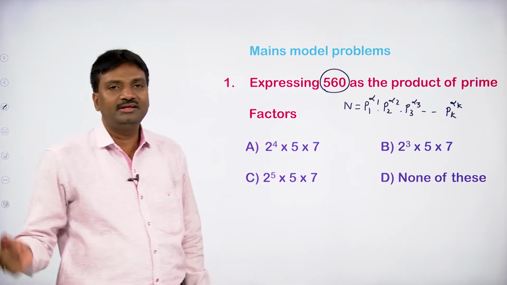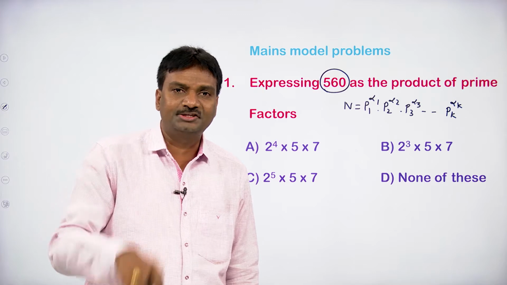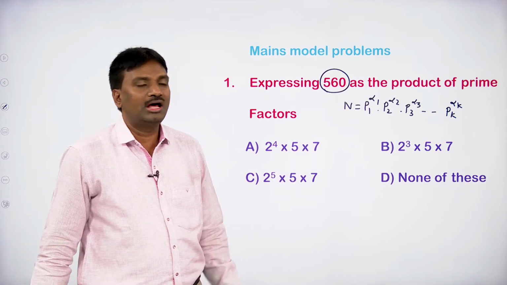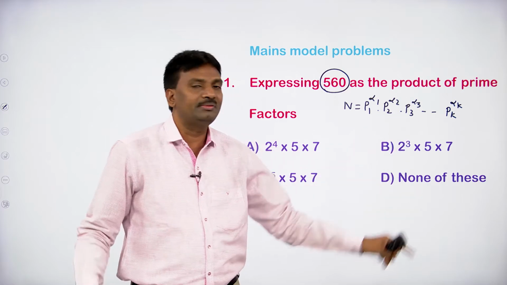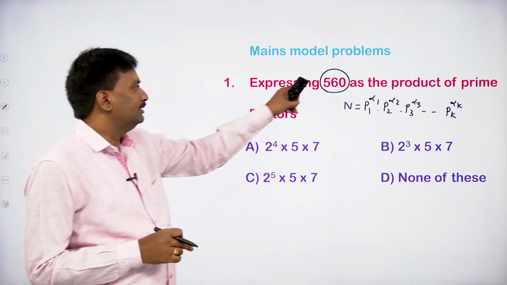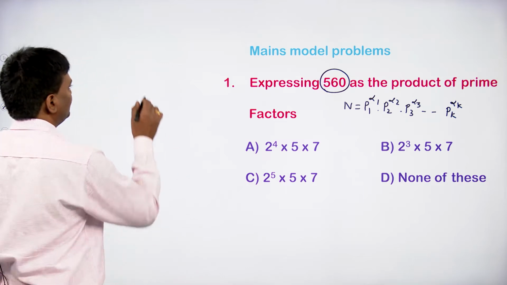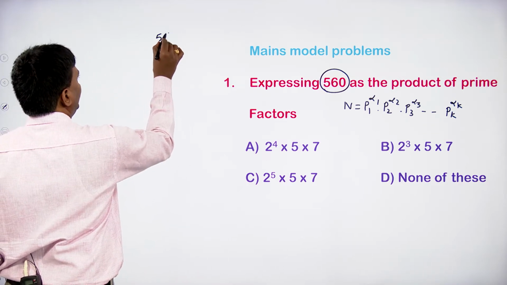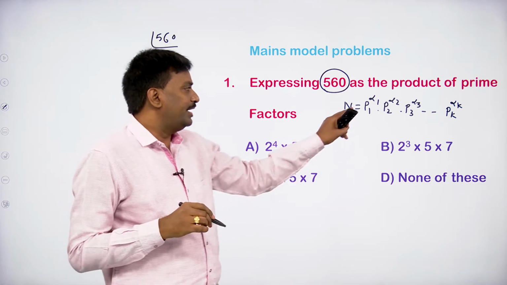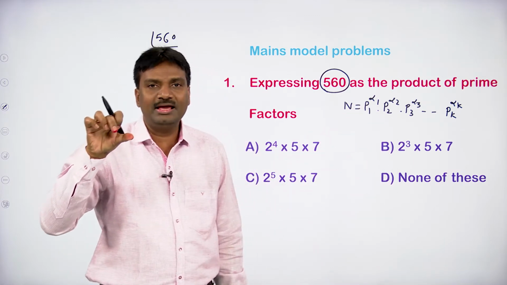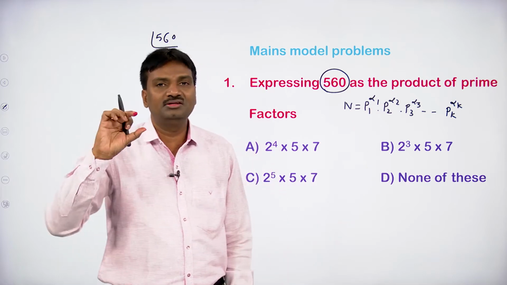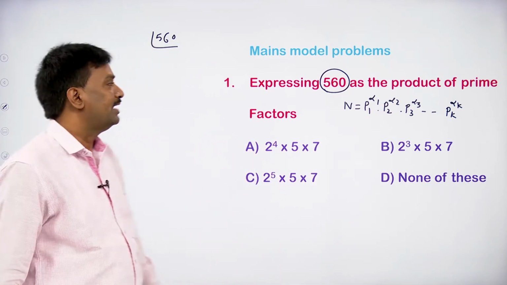Here the bases p1, p2, p3, and so on up to pk must be prime numbers, and the powers alpha 1, alpha 2, alpha 3, and so on up to alpha k are natural numbers. Here the given natural number is 560, so let us take the LCM of 560.